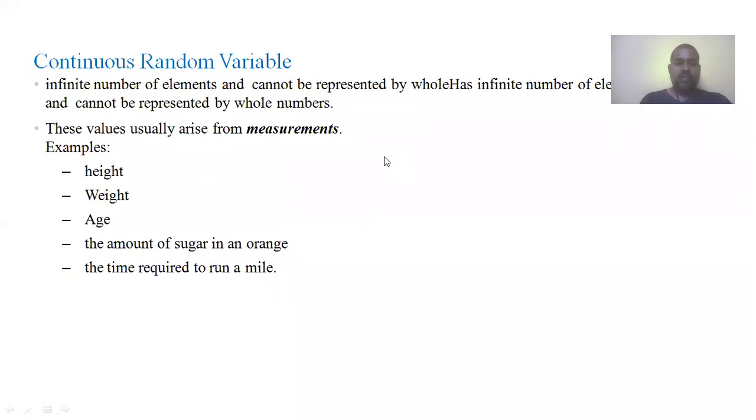Another one is the continuous random variable. A continuous random variable has an infinite number of elements, and it cannot be represented by whole numbers. For example, if you take a person's height, say between 5.5 feet and 6 feet, then all the numbers between 5.5 and 6 feet are assigned to the random variable capital X. So x is taking continuous values, and we say x is a continuous random variable.